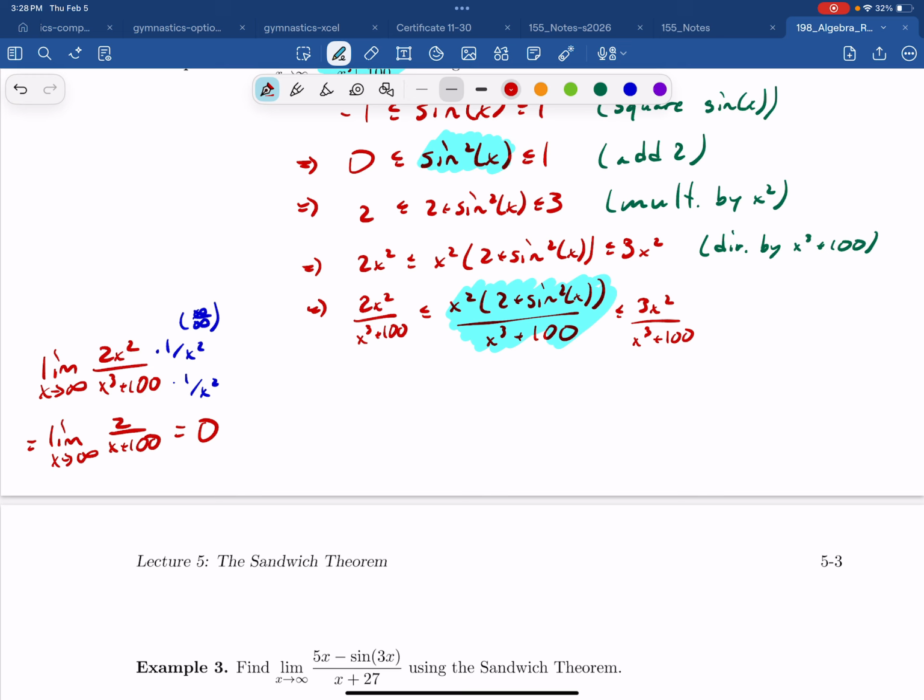And similarly, the limit as x approaches infinity of 3x squared over x cubed plus 100. I hope you see it's the same thing, right? We have the same problem. We have infinity over infinity, so I'm squeezing stuff in here. But you solve the problem the same way, and you actually get the same answer, right?